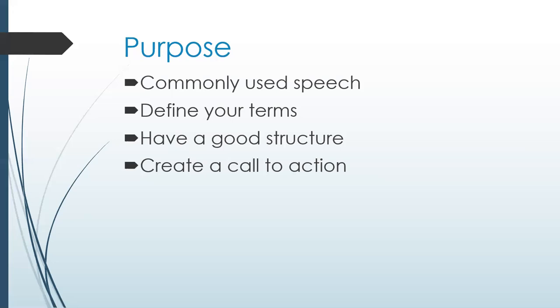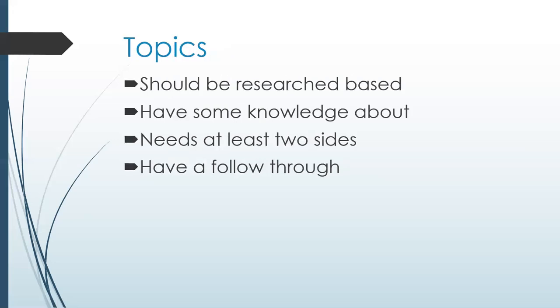And in this particular speech, we're also going to create a call to action. So what behavior is it that you would like the audience to do at the end of the speech? What would you like them to do? Do you want them to contact their local representative, for example?